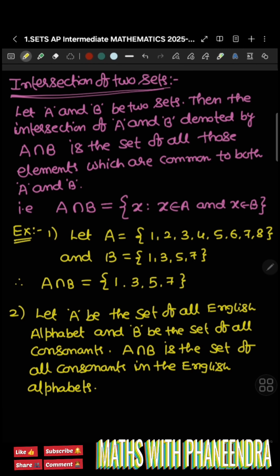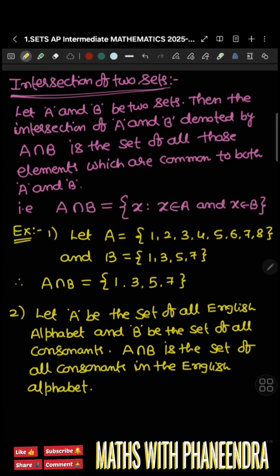A is the set of all English alphabets, B is only consonants. In all alphabets, consonants are common, no? That is the reason A intersection B is the set of all common consonants in the English alphabet.